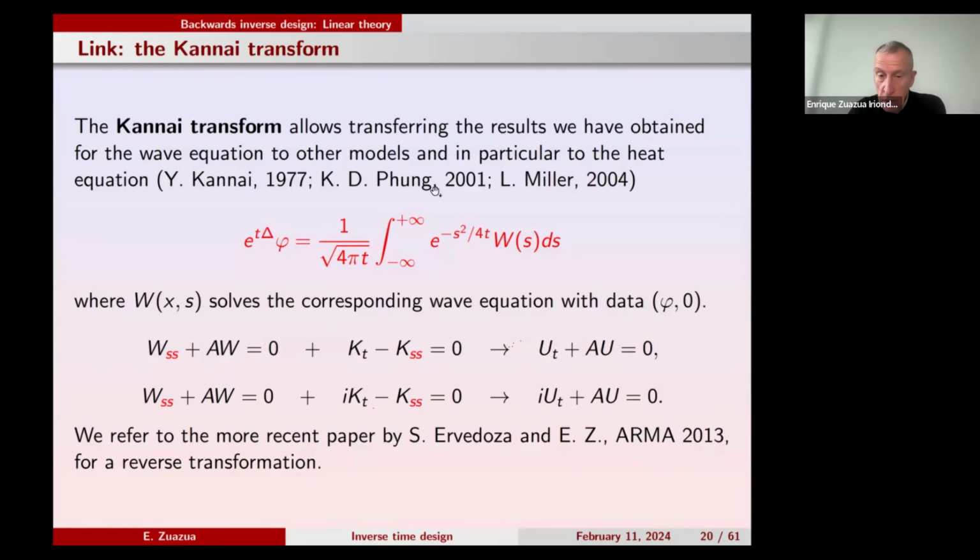Why? Well, because according to this Kannai transform, the heat equation at any time is an average of all the memory of the trajectory of the wave equation from minus infinity to plus infinity.